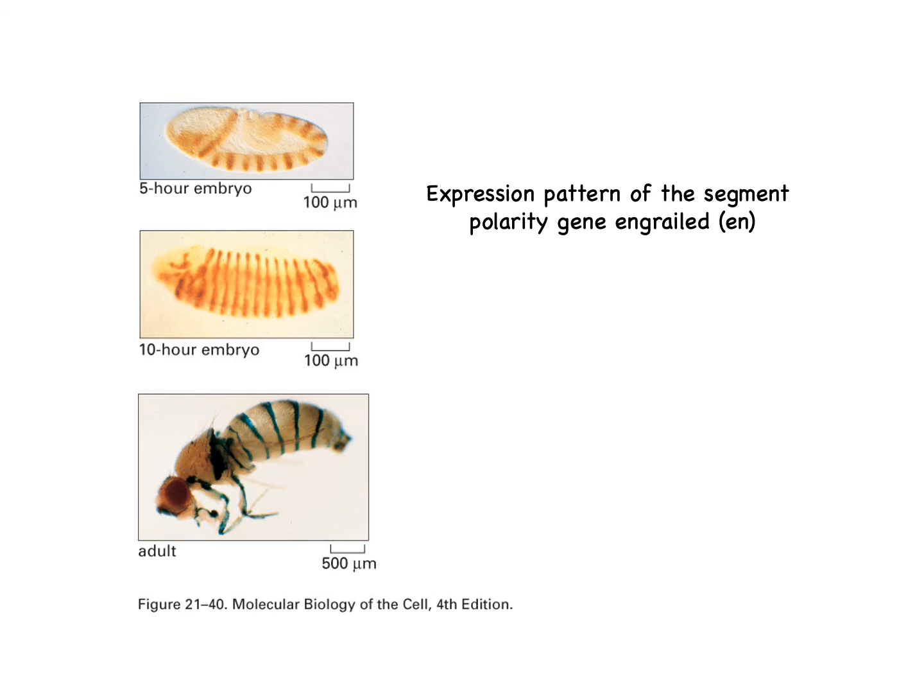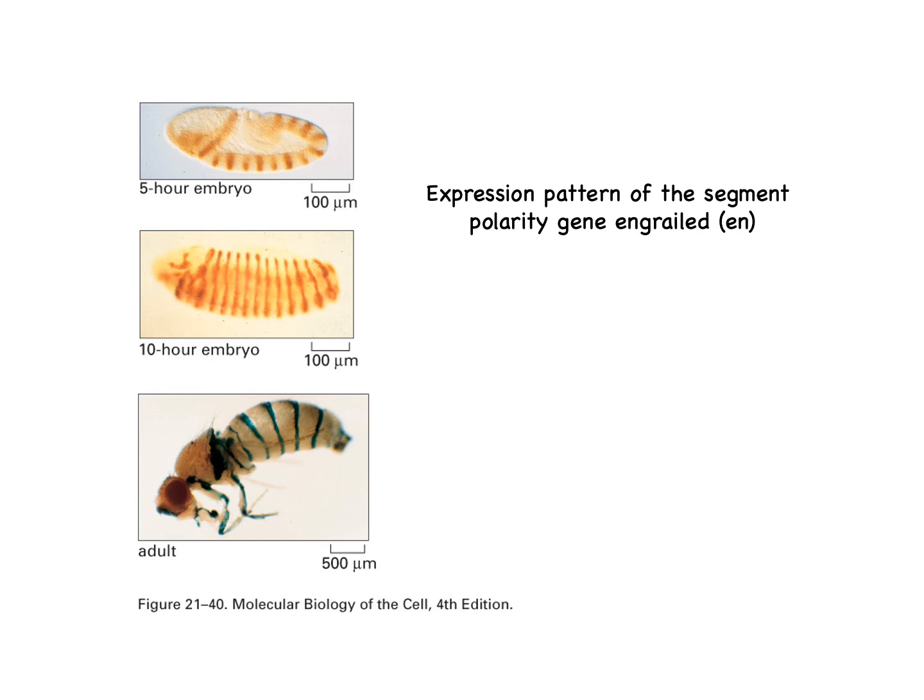The other difference between the segment polarity genes and all the other, upstream genes, all three groups of them, is that those are all DNA binding proteins that affect the expression of other genes, mainly downstream genes.